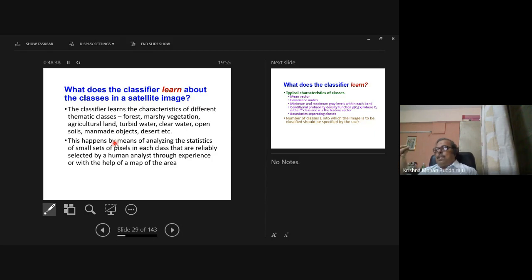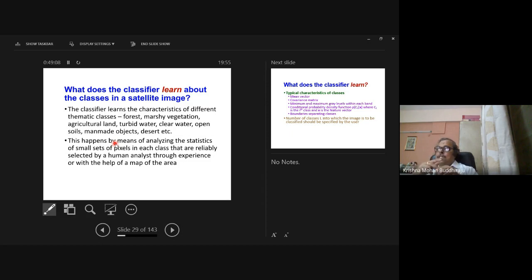So for each class, what is the mean reflectance, or what are the average sensor measured values in different wavelengths? What are the extreme values?